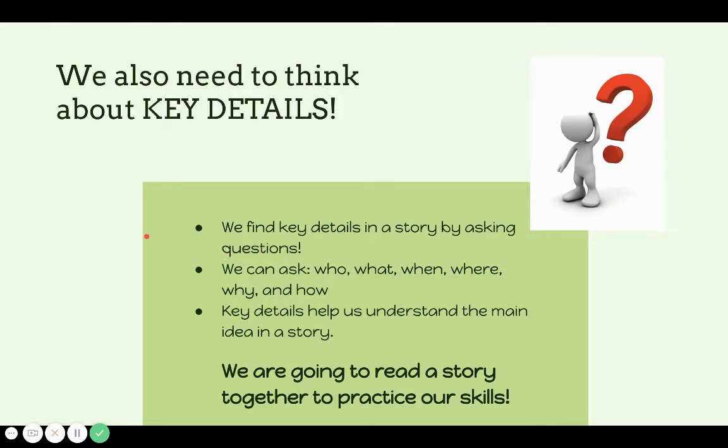You guys have become pretty good at asking questions to figure out what's going on in the story. But I just want to remind you of our question words. We have who, what, when, where, why, and how. Those are question words that we can start our questions with to help us better understand what we read.